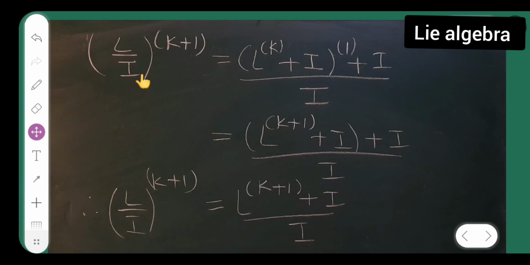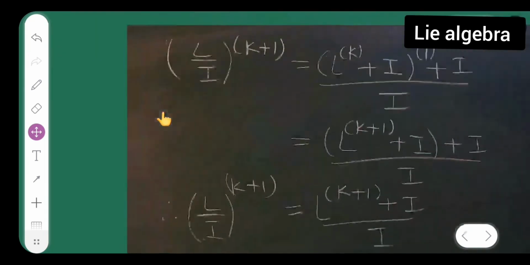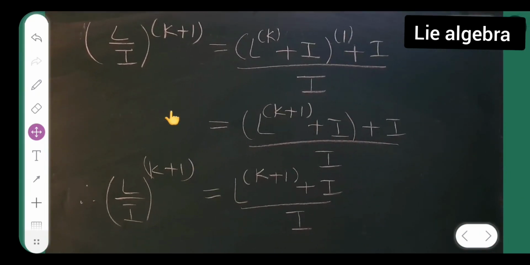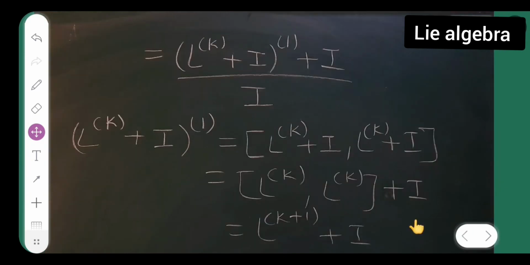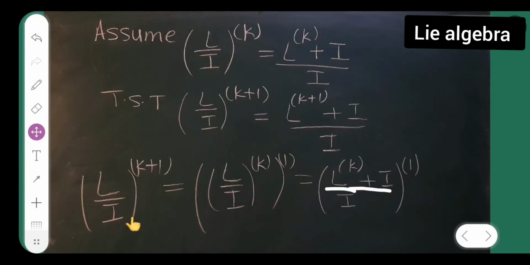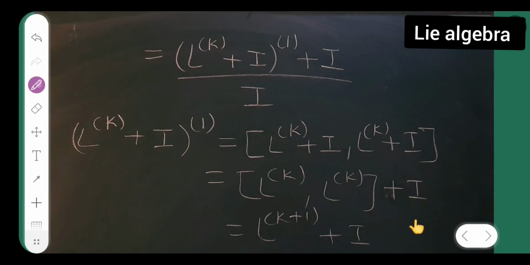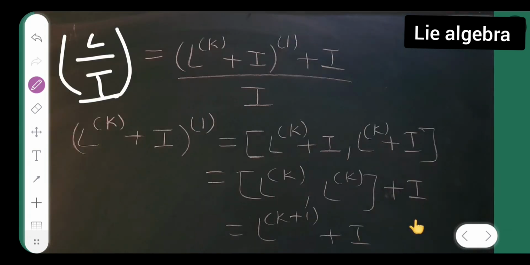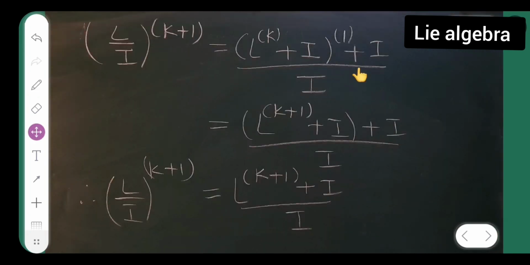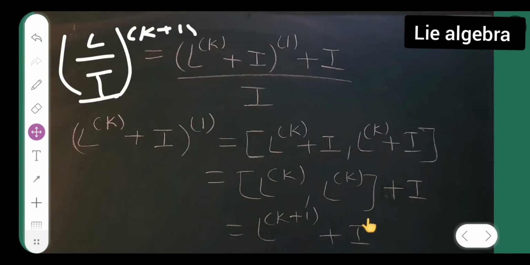Now what is this step about? We were supposed to write (L/I)^(k+1) over here. In this step I have written the value over here, because I am supposed to substitute this value in this.